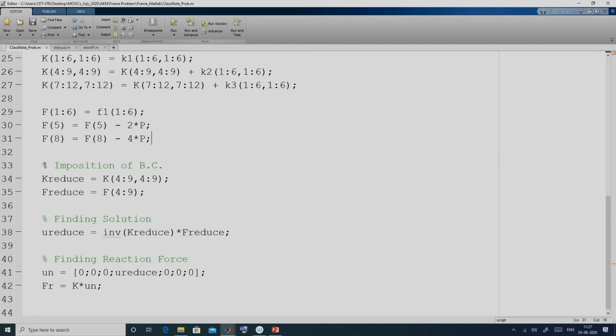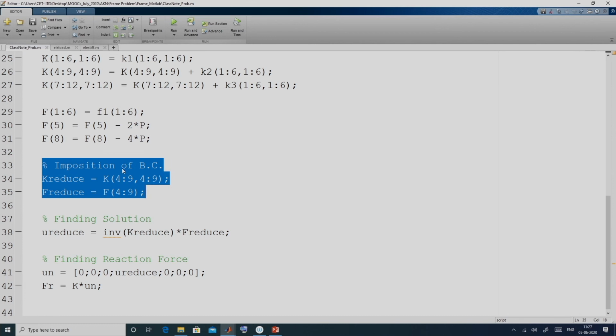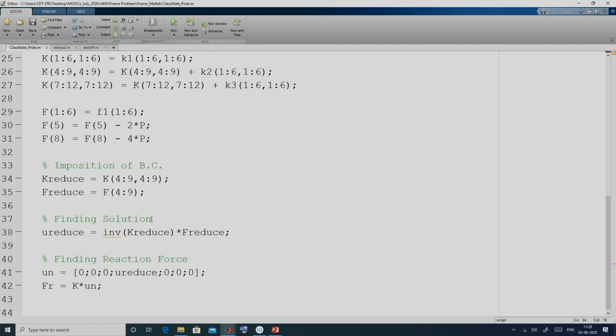In MATLAB, we impose the boundary condition here. We take 4th row to 9th row and 4th column to 9th column. Then with the inbuilt inverse function, we solve this reduced system of equations to get our active degrees of freedom U4 to U9.